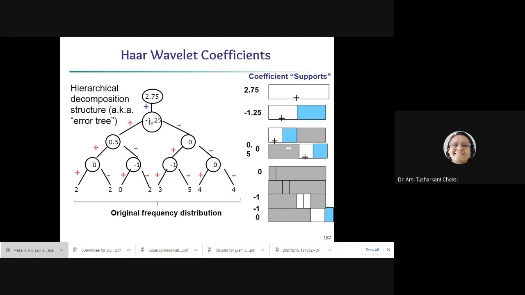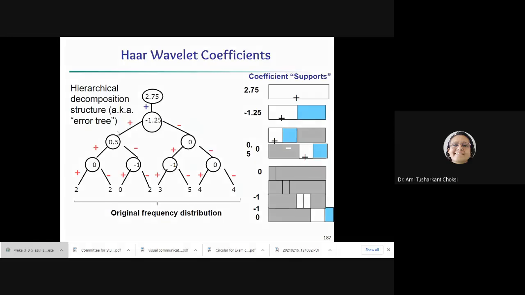It is a binary tree, so the left side is positive and the right side is negative, right? So please do not confuse it with the negative 1.25. You might consider that this is negative, but it is not. This left-hand side is positive, and this is for negative, right? So this is the hierarchical decomposition structure, which is also known as the error tree.